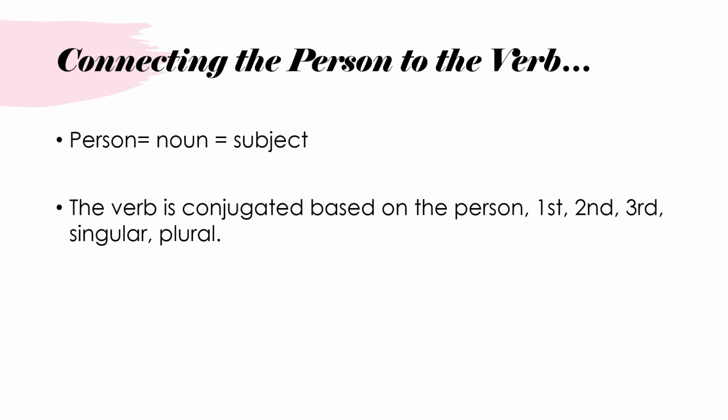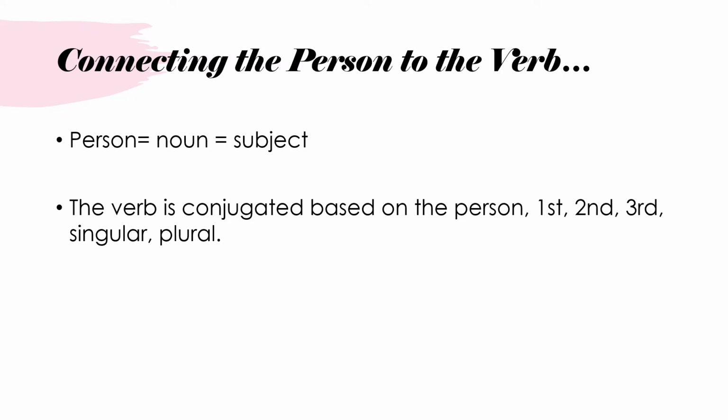They can all be somebody or something that is doing an action. So the verb is conjugated, aka it has a person connected to it, based on the person that we are using as the subject. So first, second, or third, singular, plural, right? So hopefully this is coming back to you. We divided those different people up into first, second, third, singular, plural.